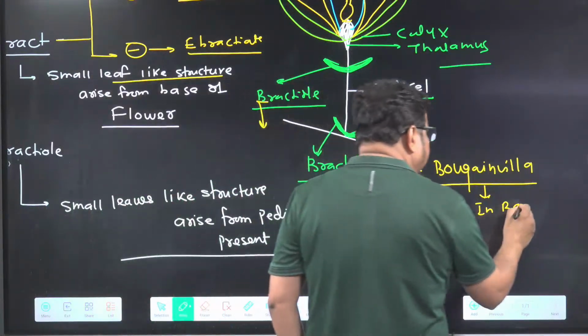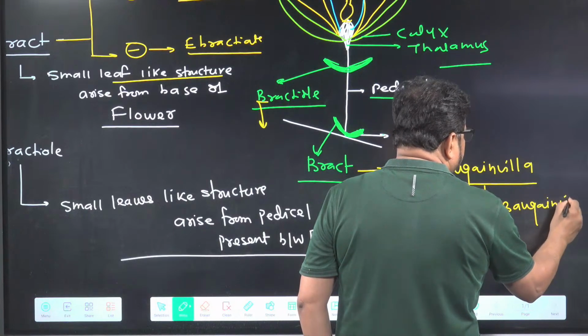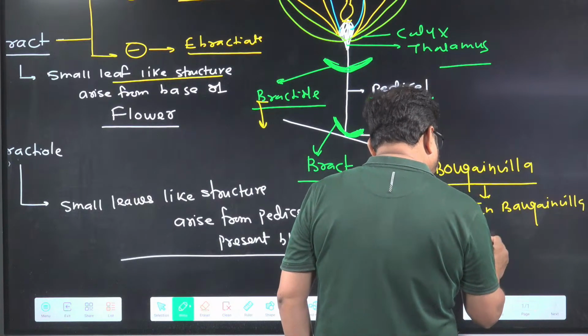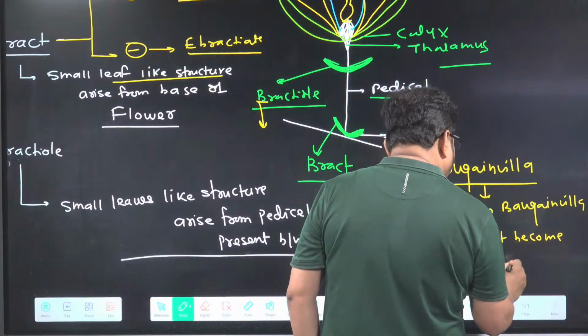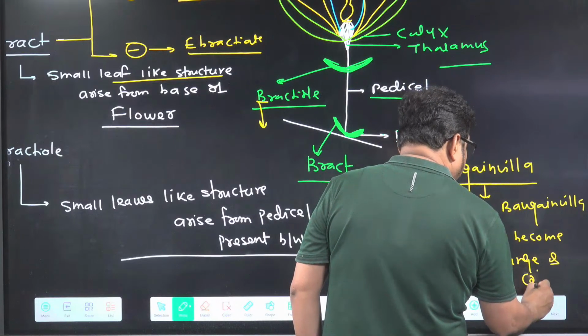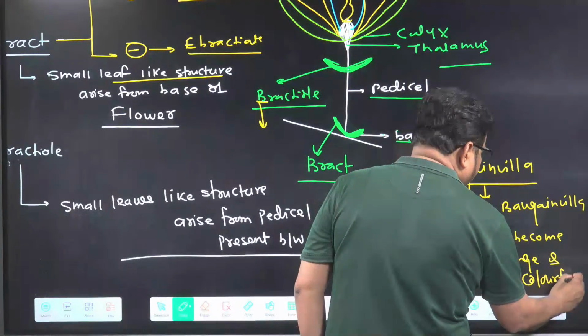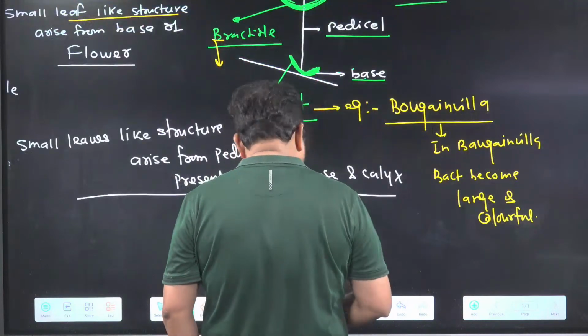But in bougainvillea, bract becomes large and colorful. So the bright colorful part you find in bougainvillea is bract. It is not petal. Keep in your mind.